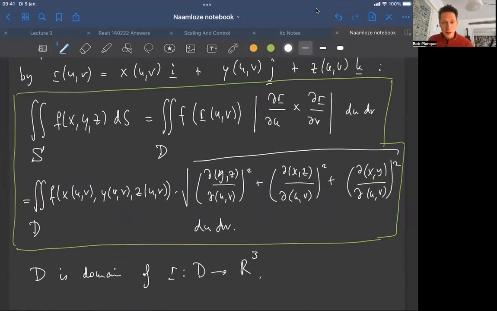In the special case that the surface can be projected onto the xy plane, then you can do everything in terms of x, y, and a function z of x and y. And that allows you to compute this area element much quicker, as I just showed you. Yeah, so that's our one.